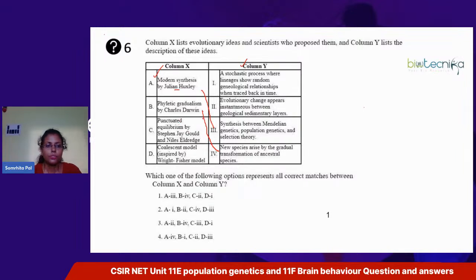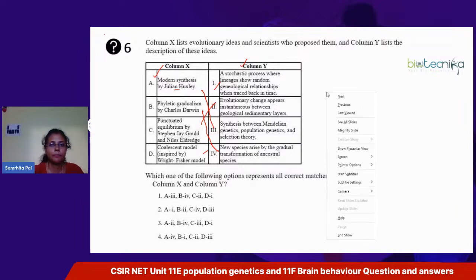So C is connected with 2. Evolutionary change appears instantaneously between geological sedimentary layers. And the last one, coalescent model, that is connected to option 1. Very good everyone, those who gave me the answer. With this, we'll move to the next question.